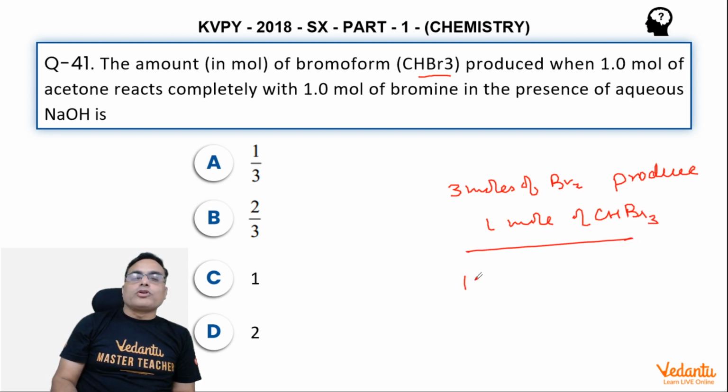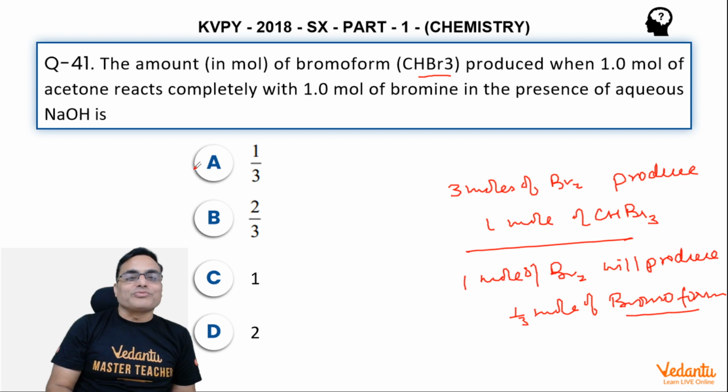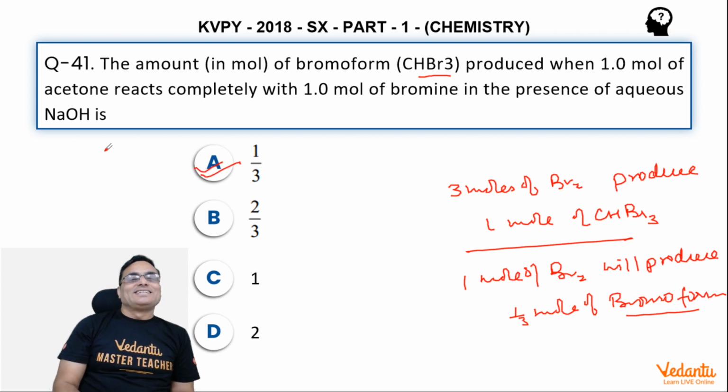So 1 mole of Br2 will produce how much bromoform? 1 by 3 mole of bromoform. That's a very obvious and very simple calculation. That means our answer for this question must be A. So the answer to this question is A.